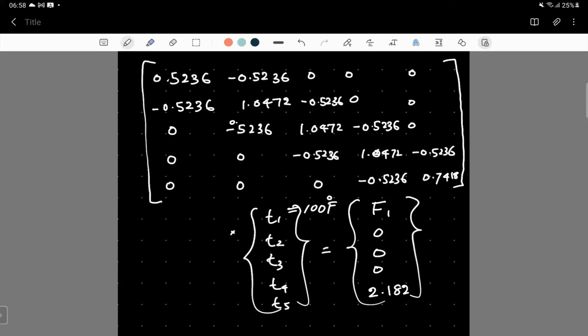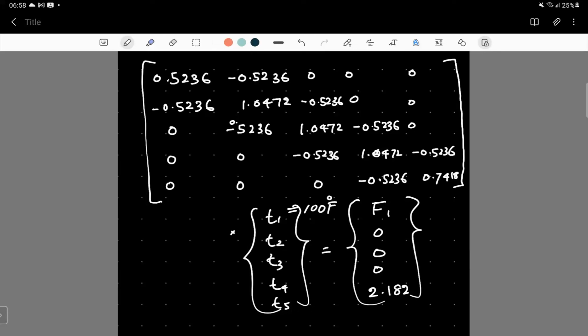For these non-homogeneous boundary conditions, we can use the same procedure which we have already used in the stress analysis problem, quite an elegant way of solving these matrices. We can modify the matrix in the following way to solve it.